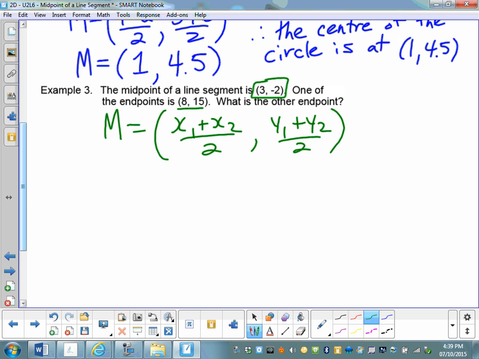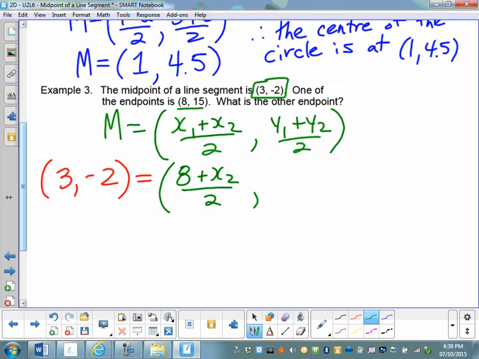Now this time we know the midpoint. So the midpoint is (3, -2). So that goes in for the m. And then we know one of the x values. So one of the x values is 8, but we don't know the second x value.